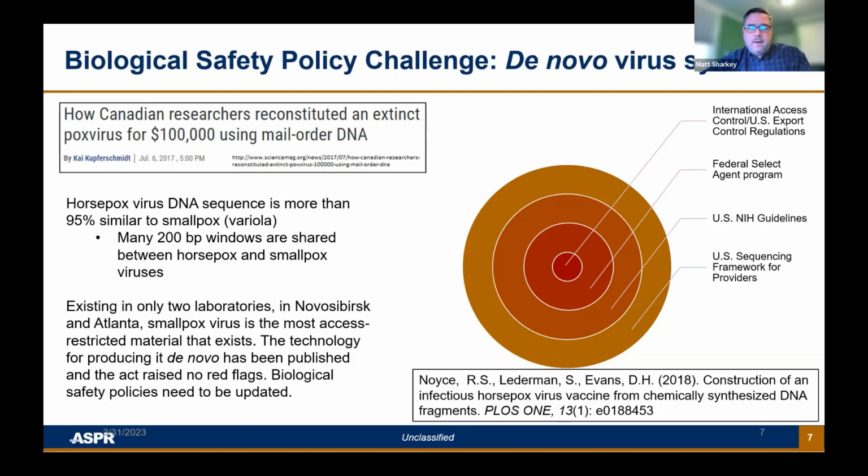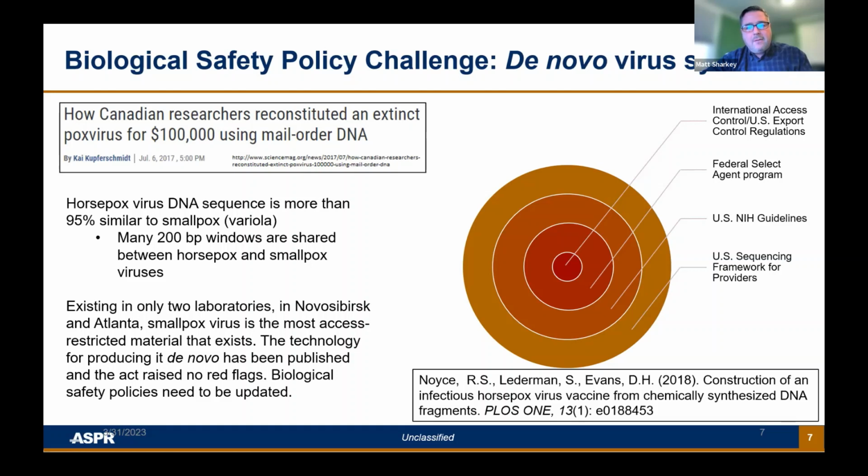So in follow-up, it turns out that everyone was doing their job. GeneArt flagged the order. They realized that these sequences were smallpox sequences. They understood the guidance well enough to know that since they're also horsepox sequences, there's no violation of the guidelines in that case. And they also knew that they were providing these sequences to legitimate researchers. And so they went ahead and provided them.